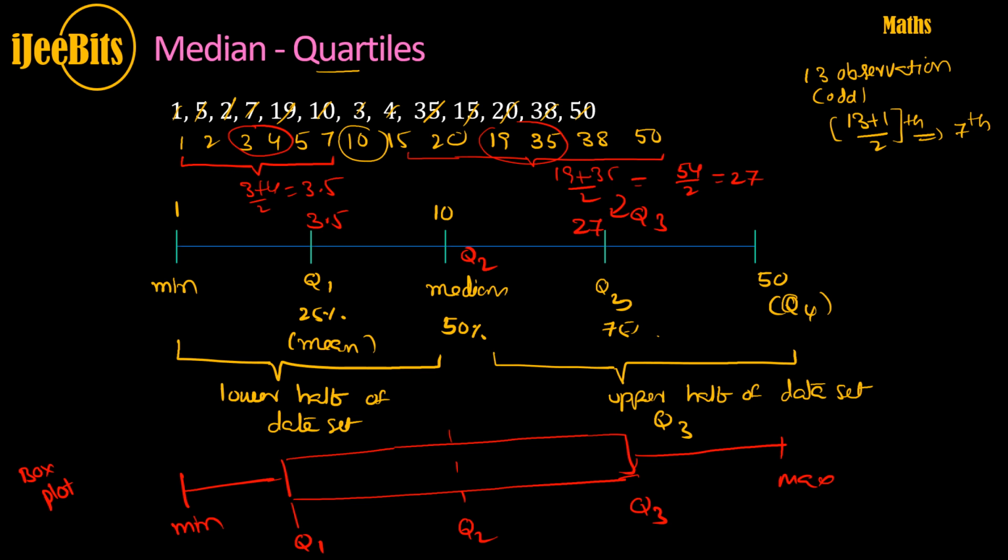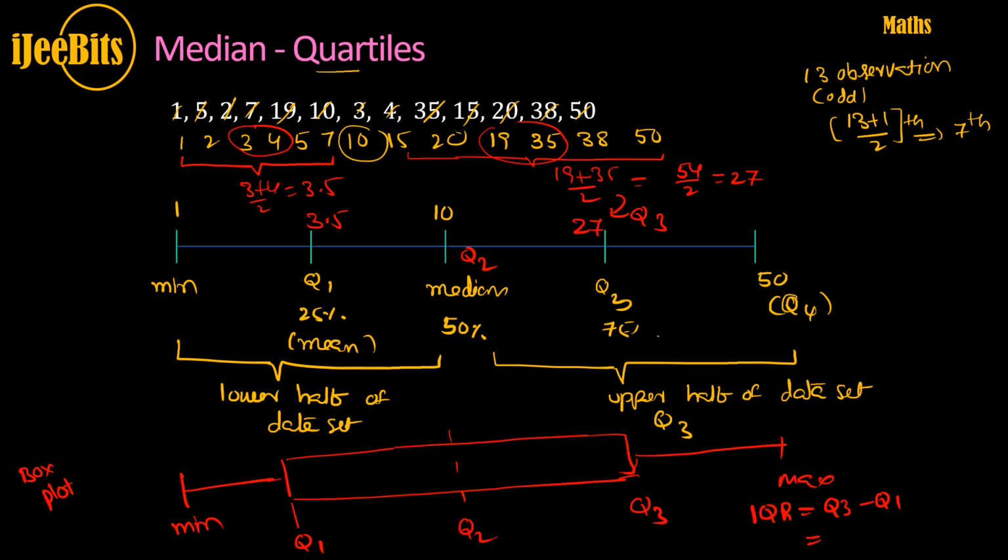Your interest is basically between Q1 and Q3. Q3 minus Q1 is called the interquartile range.